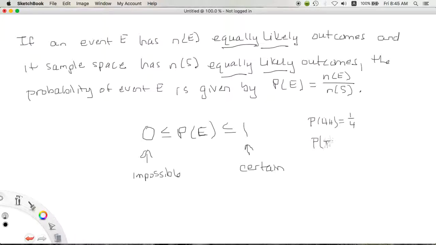And then we could figure out the probability of them both being tails, which would be 1/4 as well. And then the probability of one head and one tail would be 2/4, because there were two of those that happened. And then you notice that since we got all our possibilities, 1/4 plus 1/4 plus 2/4 equals 1. And that should happen every time.